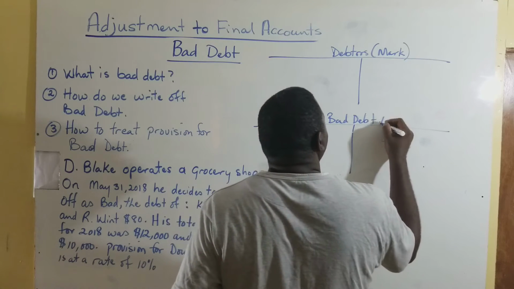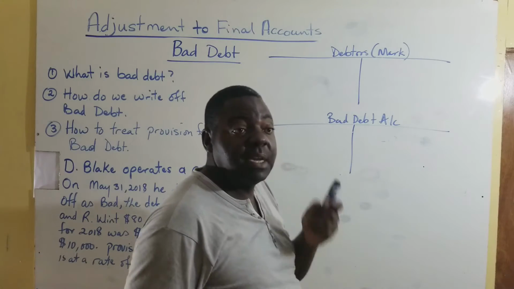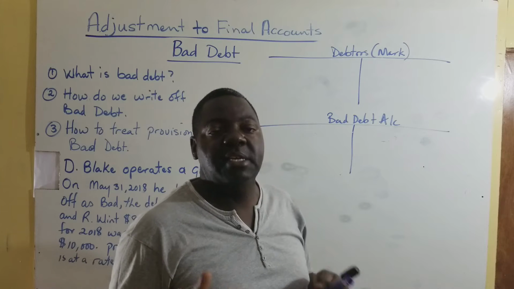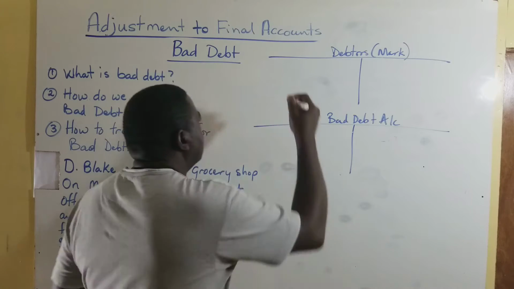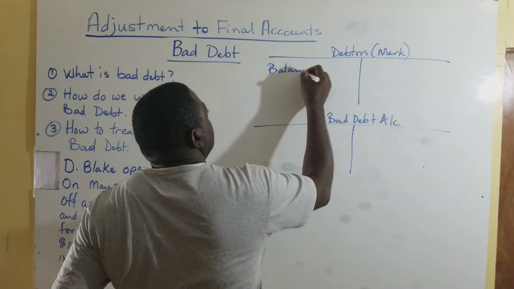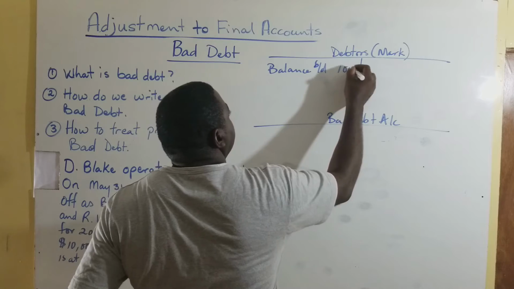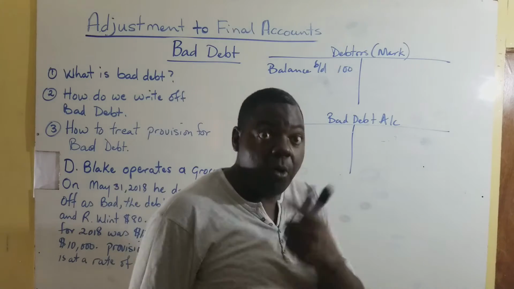The first thing that must be established is that there is a debt. In a debtor's account, the debtor is a current asset, and a current asset carries a debit balance. So the balance will be over here. Let us say it is a balance brought down of $100. And we're going to write off that debt.